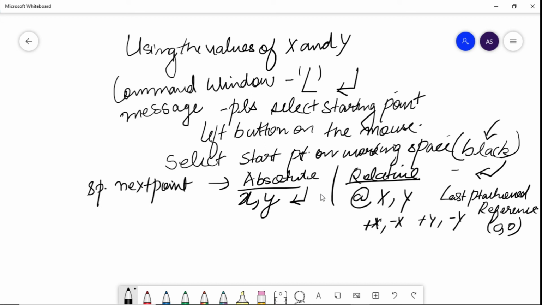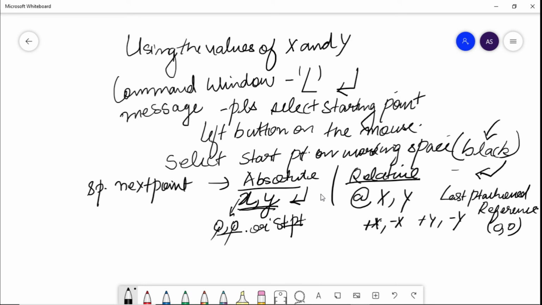And in this, the starting point is either 0, 0, or your own chosen value. So the starting point remains 0, 0, and you have to calculate all the values of x and y in reference to 0, 0.